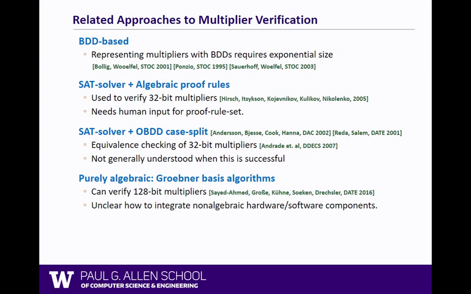These are a fairly recent development, and they have been quite successfully used to verify fairly large multipliers. But on the other hand, when we want to verify larger systems that only contain a multiplier as a small component, these algorithms don't do quite so well with the non-algebraic components of the verification.